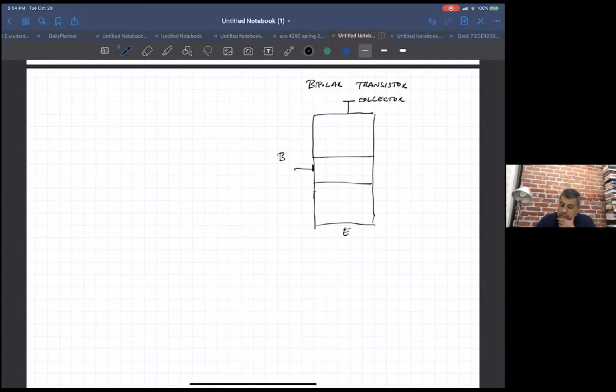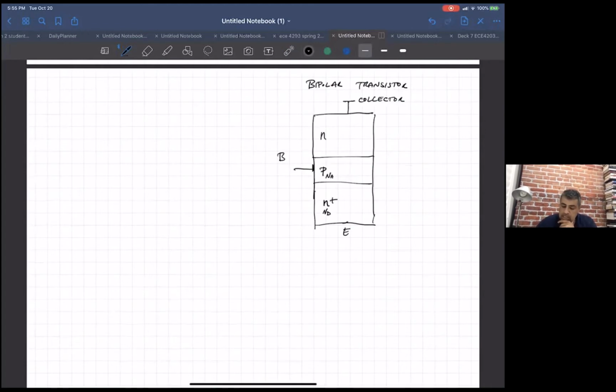Okay, and what the designers of this device have done to make it a good bipolar transistor, so you'll want to buy it, is they have made this emitter N+, they have made this base much lower doping concentration than the N+, in terms of the number of acceptors.